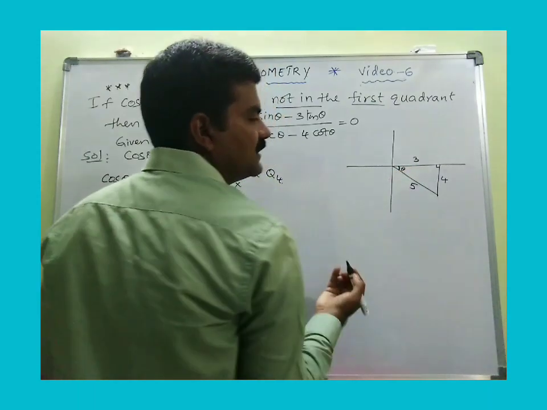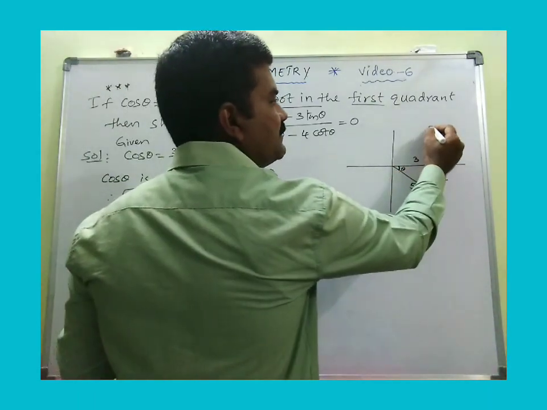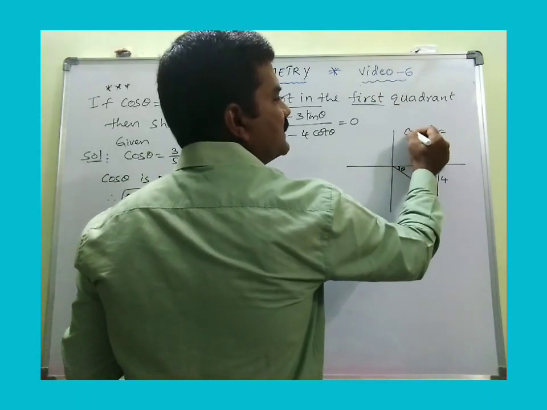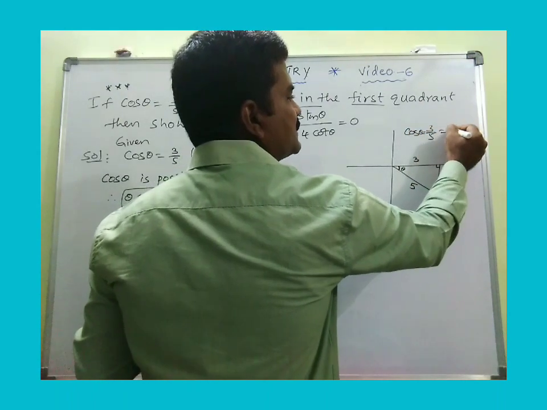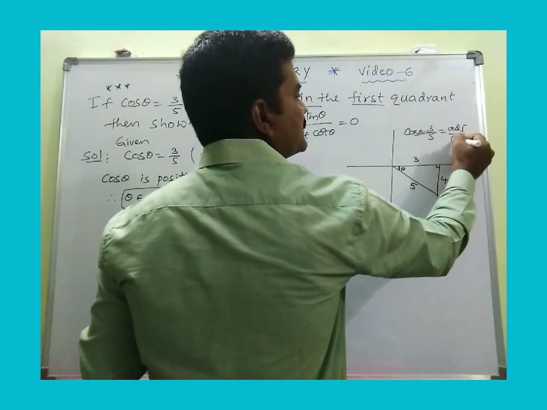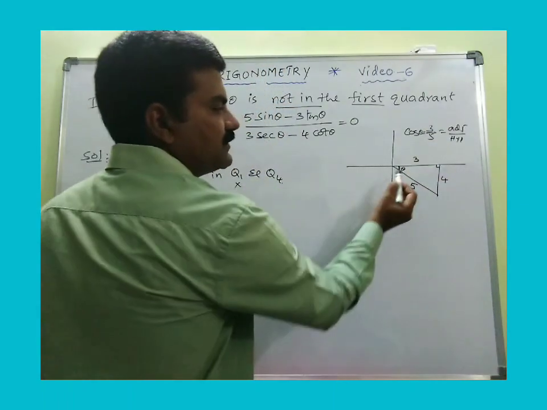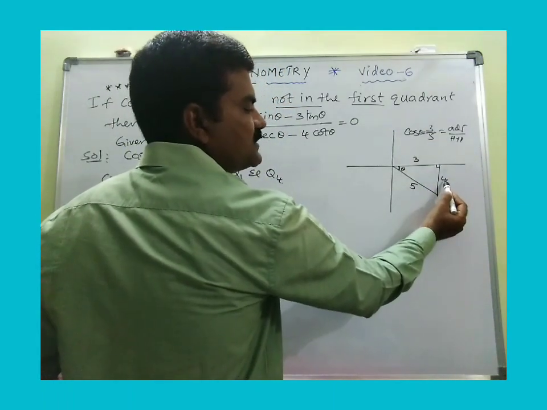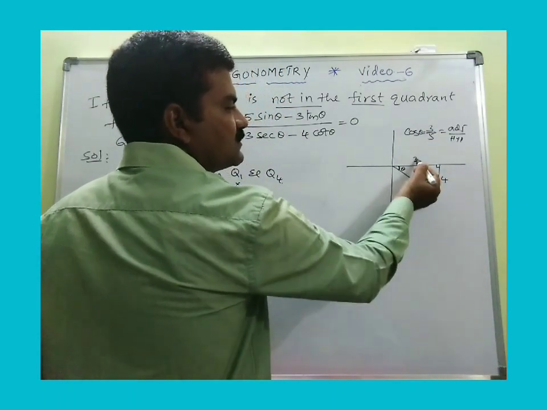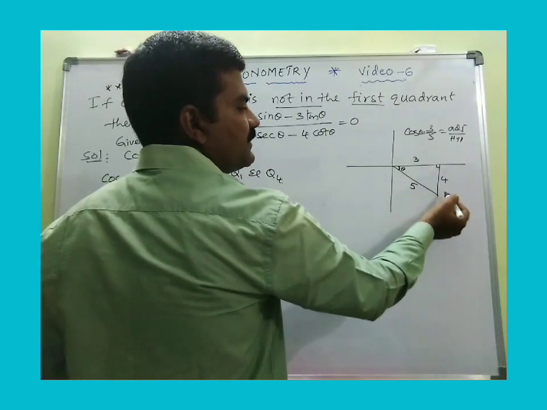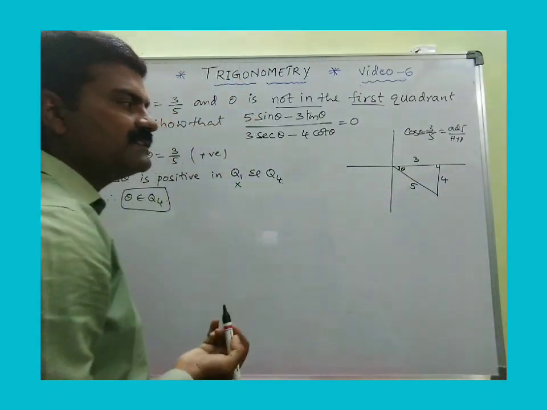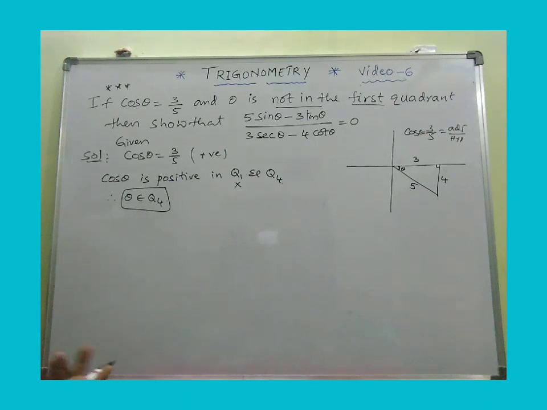This could be the adjacent and this is the hypotenuse. For theta, obviously this side is the opposite one. Because it is a right angle triangle, using the Pythagoras theorem you can find the opposite side. Of course, it is well known that 3, 4, 5 are Pythagorean triplets.